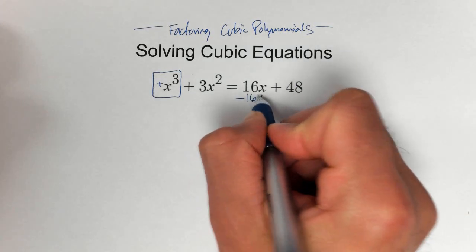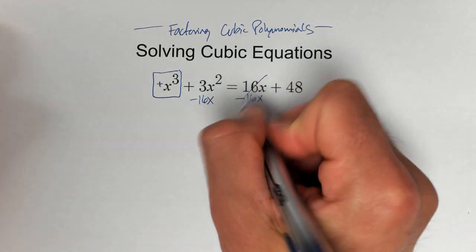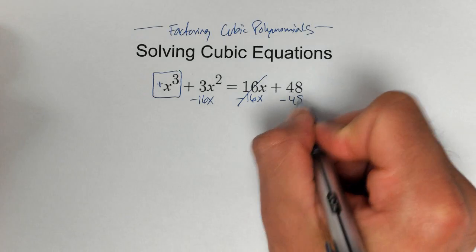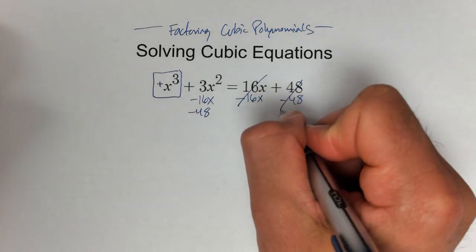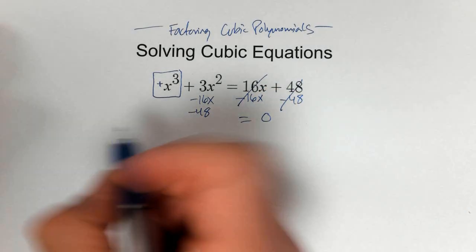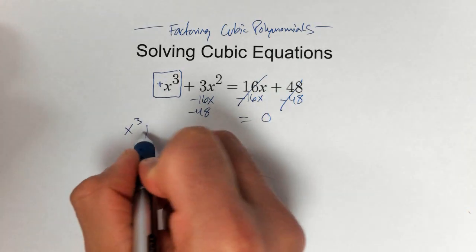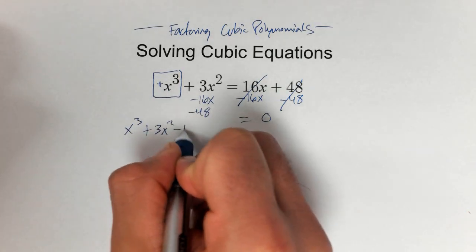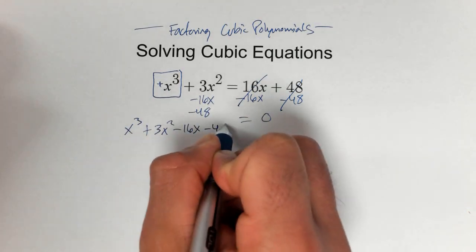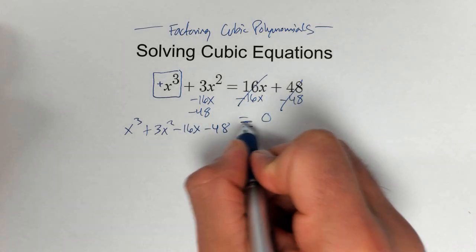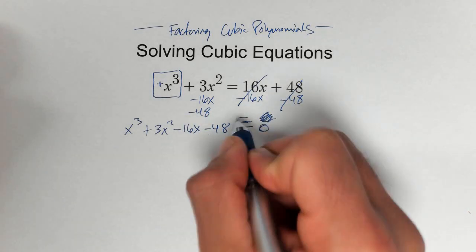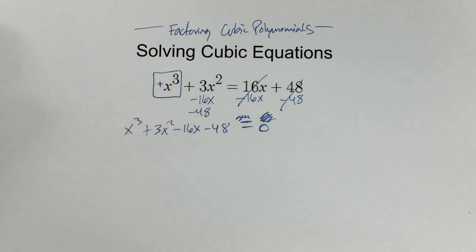So I subtract 16x on both sides. I subtract 48 on both sides. And that results in x cubed plus 3x squared minus 16x minus 48. And I'll just make it equal to 0 over here. Here's my problem. This is what I'm going to start with.